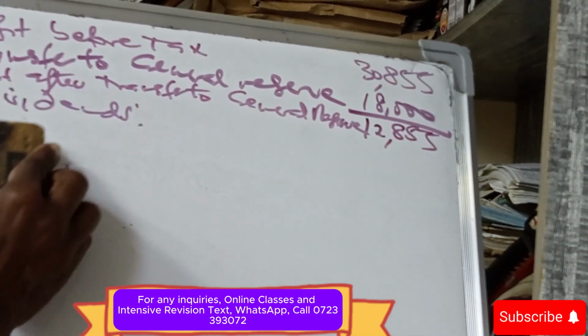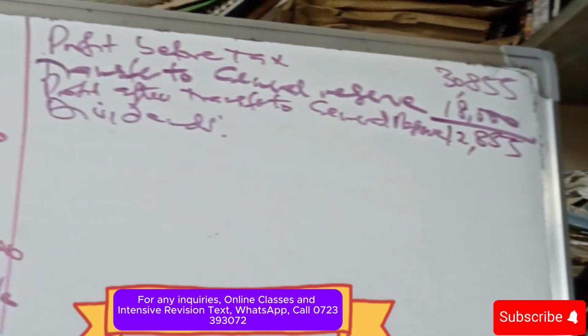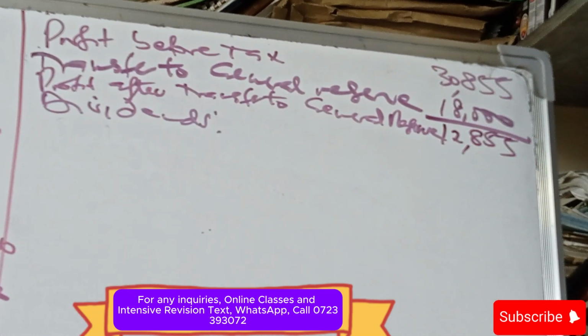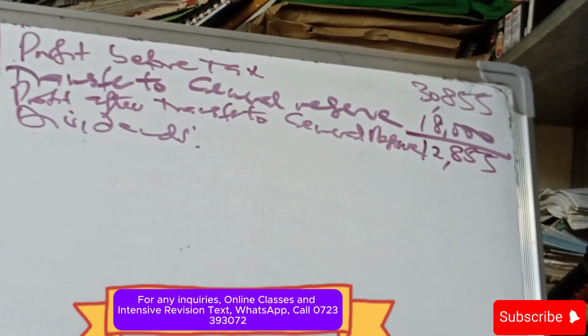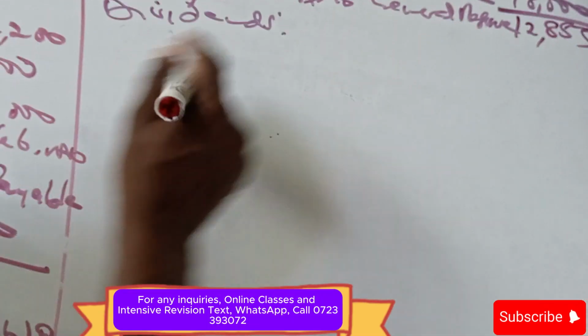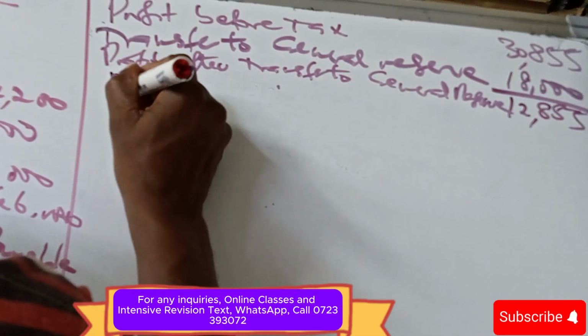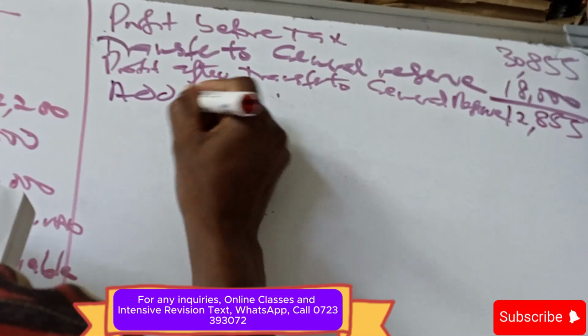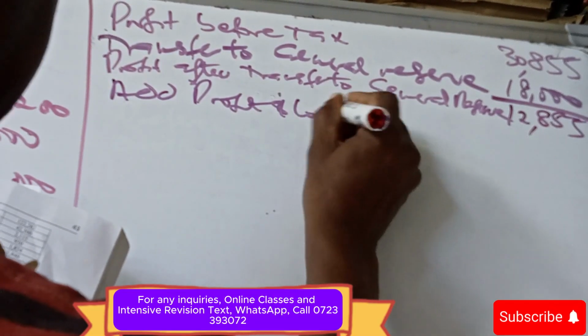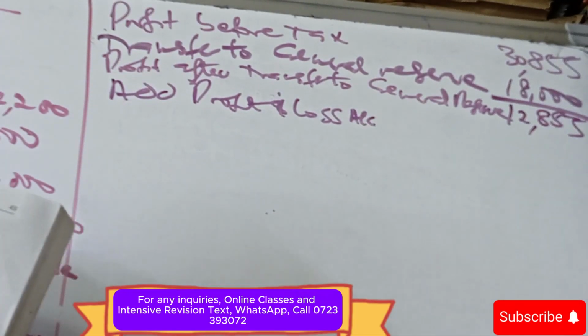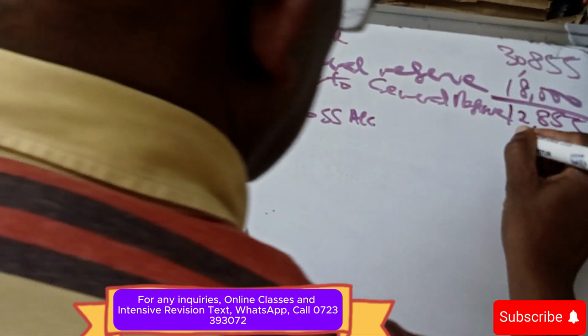You must know the difference between revenue reserves or retained earnings and the general reserve. So we go to the profit and loss account, the last item in the trial balance. That is the retained earnings at the beginning of the year, 6,378.